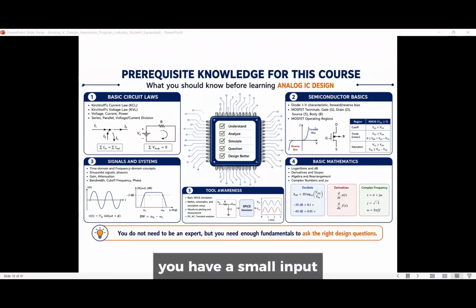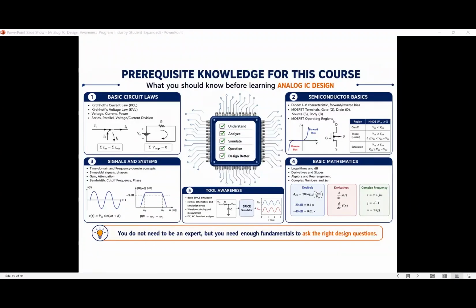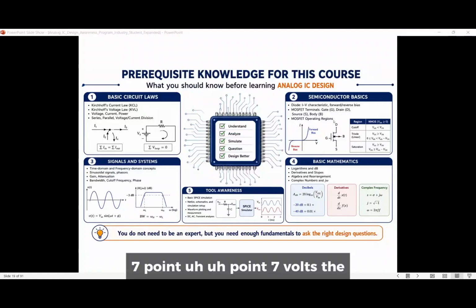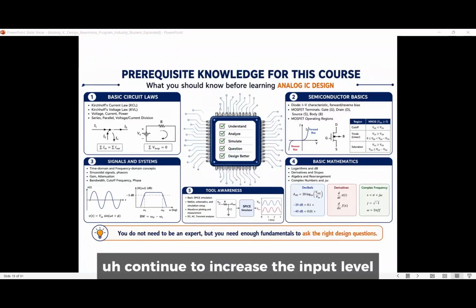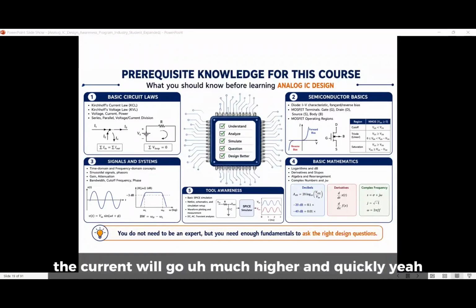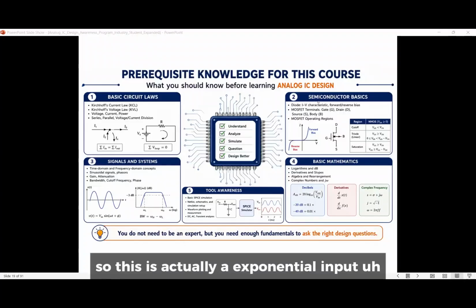With a small input the diode is off, and after about 0.7 volts the diode starts conducting current. If you continue to increase the input level, the current goes much higher, quickly. So it is actually an exponential relationship versus the input.